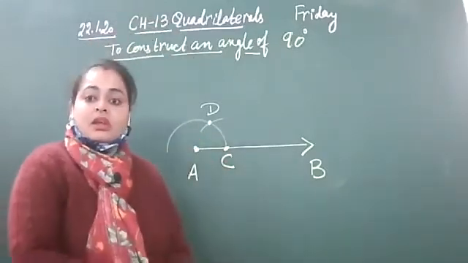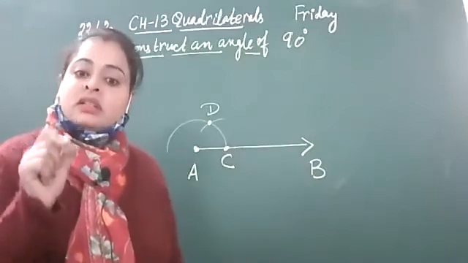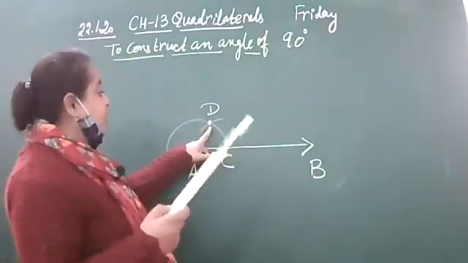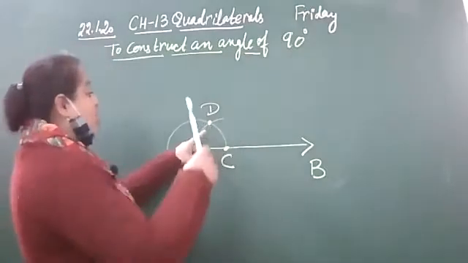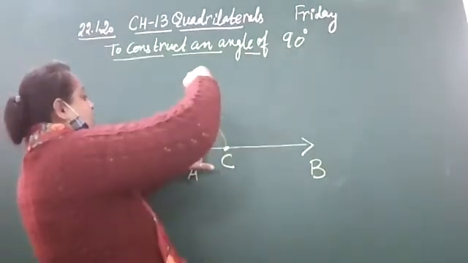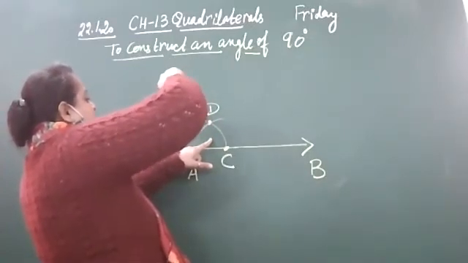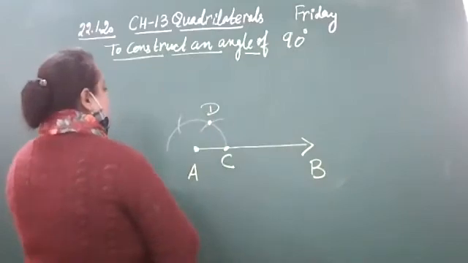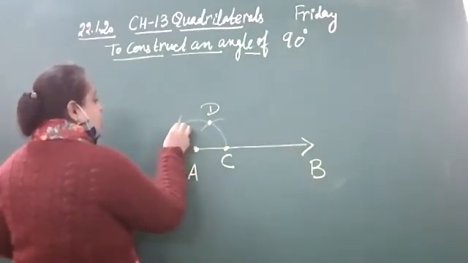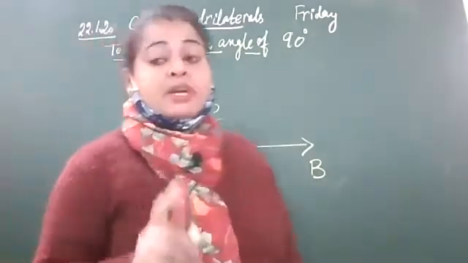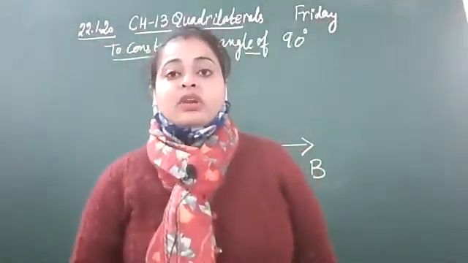Yes, we will make another arc from this point D, with the same size. This point is E. You will get a new point; name it E. Students, I am repeating, listen to me very carefully.